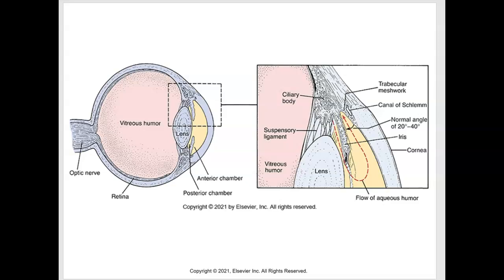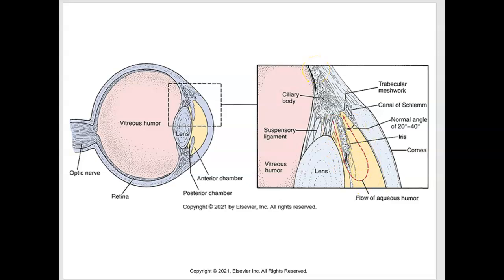What it's showing here is that the aqueous humor is produced by the ciliary body and secreted into the posterior chamber of the eye. Posterior chamber of the eye is in here. So this is where the flow of the aqueous humor comes in right here.